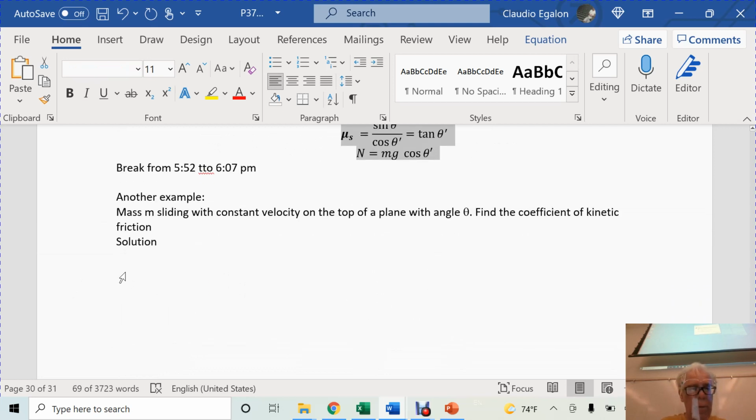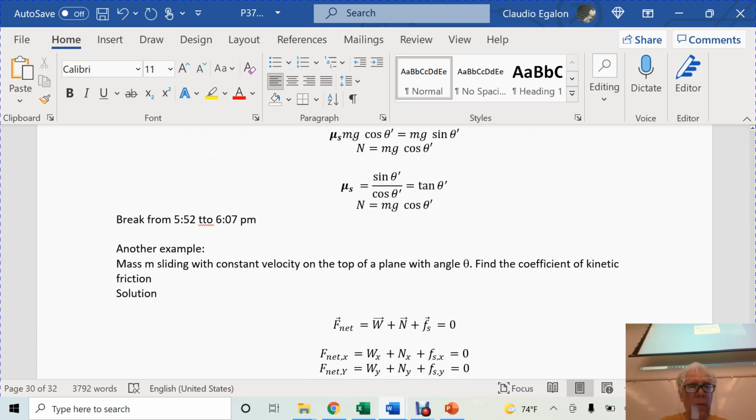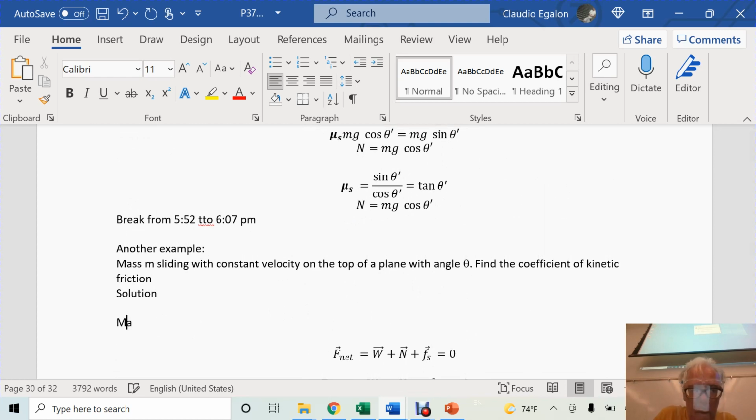Solution. Mass moving with constant velocity, net force must be 0.